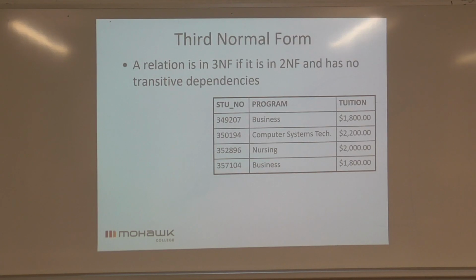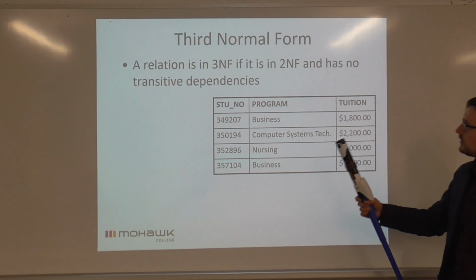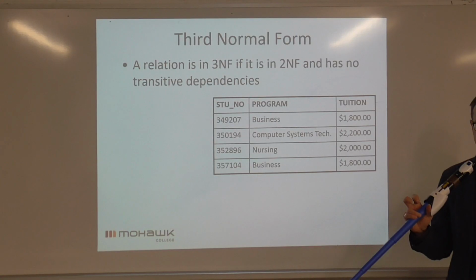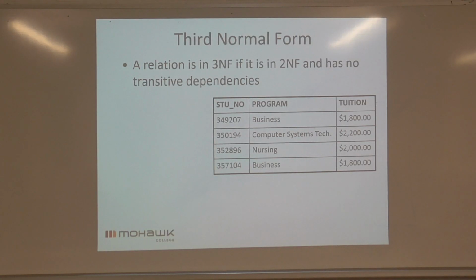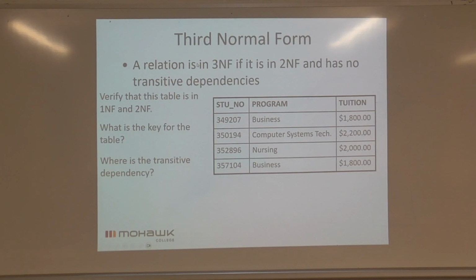So, third normal form. A relation is in third normal form if it is in second normal form and has no transitive dependencies. Can anybody spot the transitive dependency in this table?